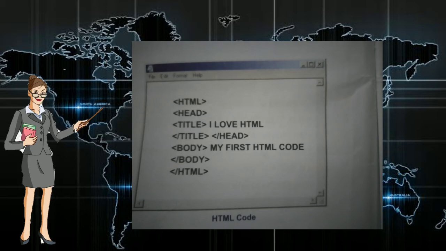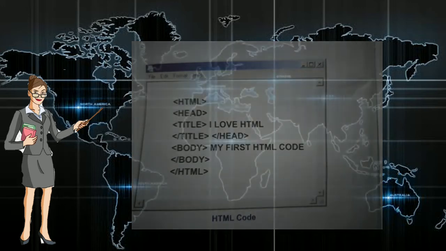Third, title. It means it puts the title mentioned in the title bar of the browser. Fourth, body. It contains information for the visible portion of the web page. These are the most important tags of HTML.